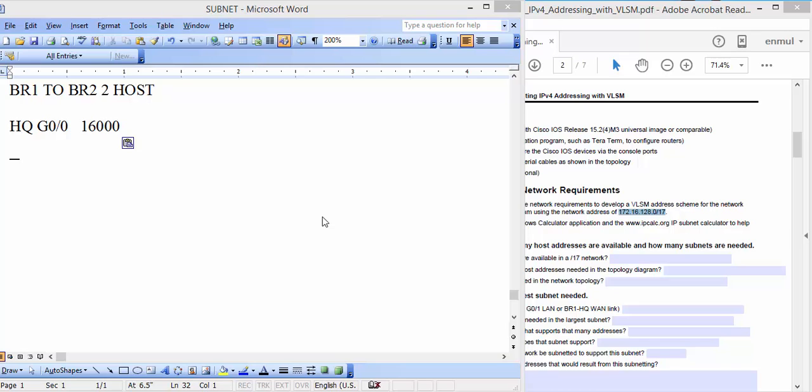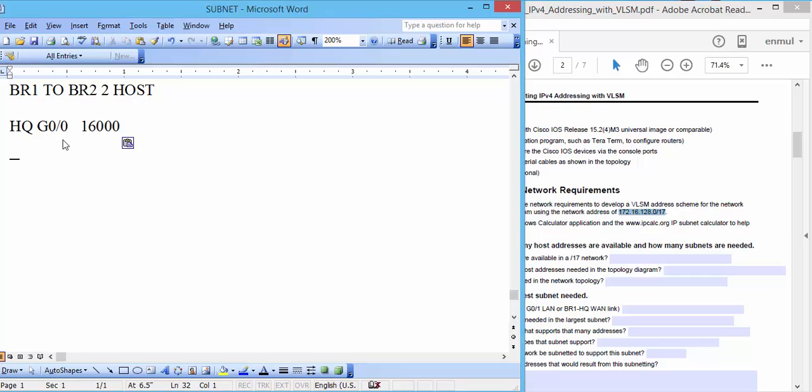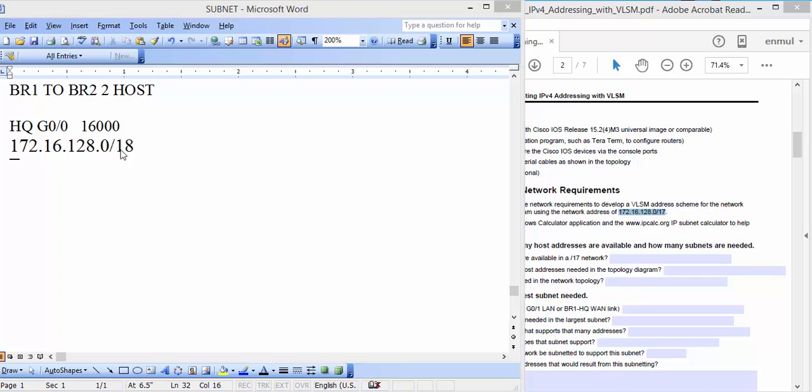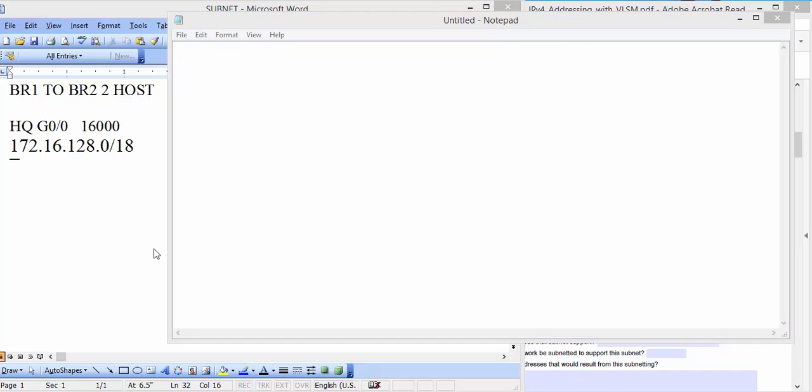So the network address is going to be 172.16.128.0/18. Now let's calculate the network range of 172.16.128.0/18.